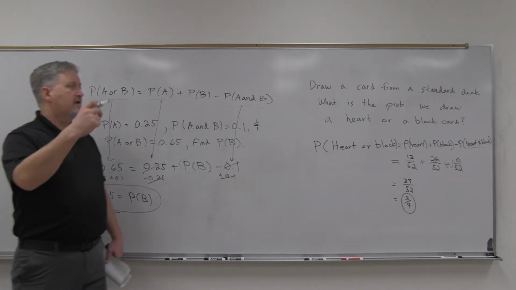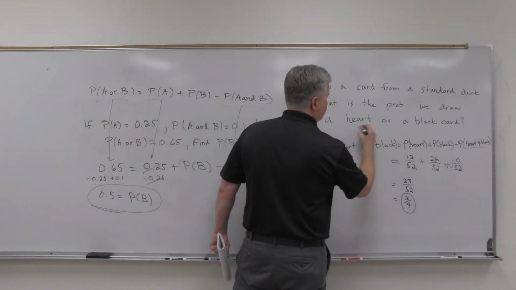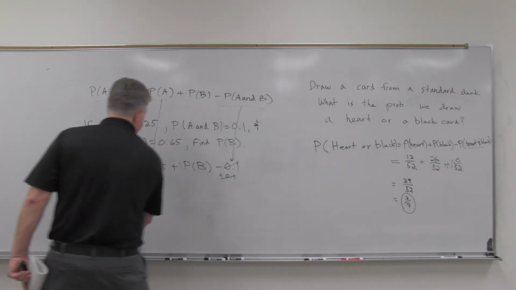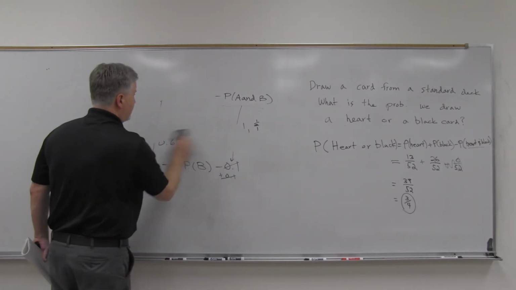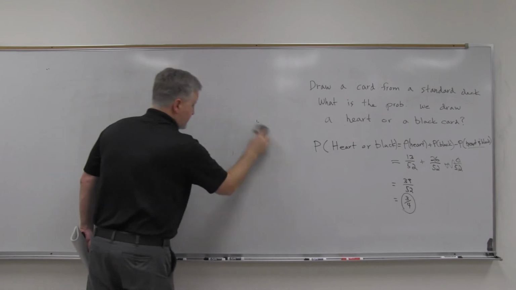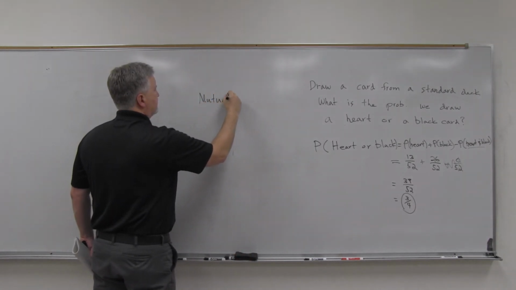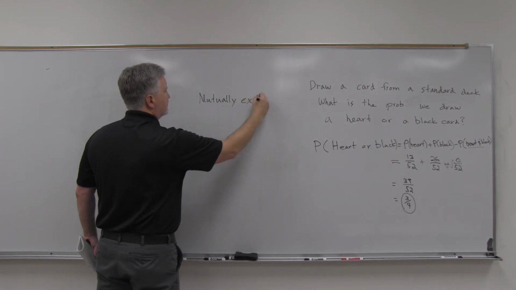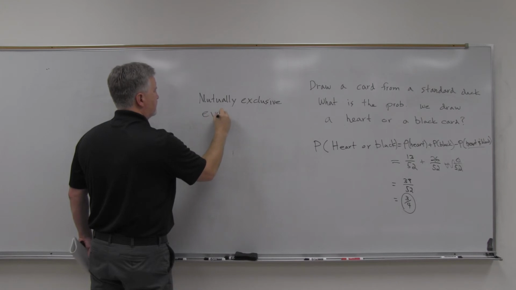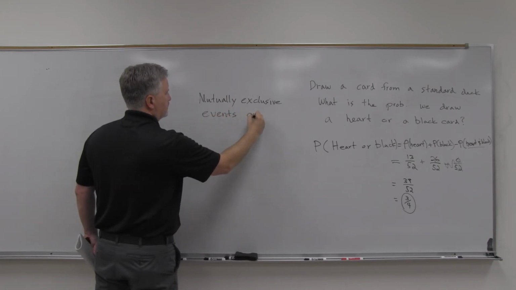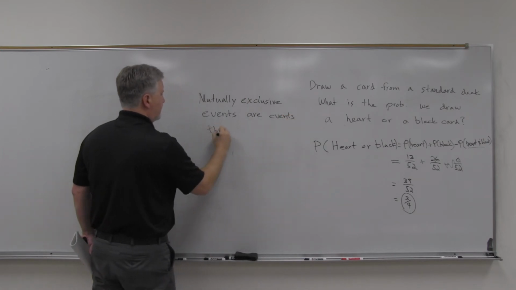Drawing a heart and drawing a black card are what are called mutually exclusive. They cannot happen at the same time. So mutually exclusive events are events that cannot occur at the same time.